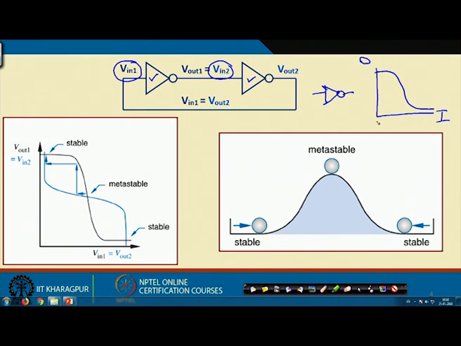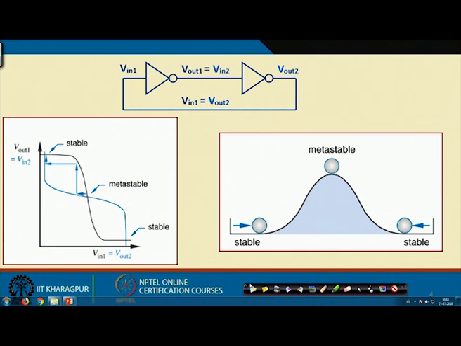This is 0 volts and this is some maximum. So, when the input is 0, the output is at a high level, and there is a point where the output slowly starts to change, and beyond a point the output is more or less at low level. This is how an inverter works.